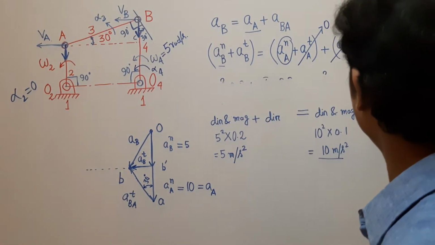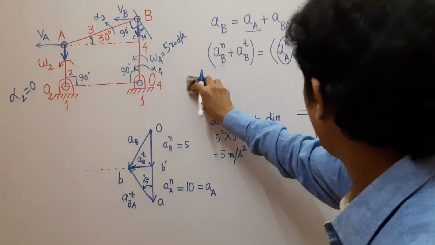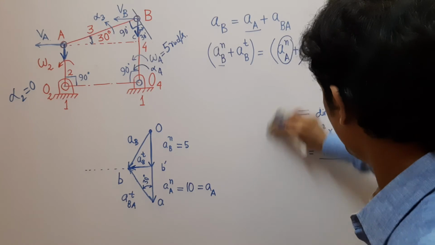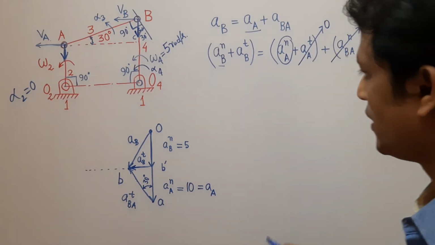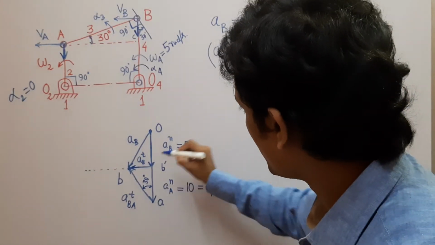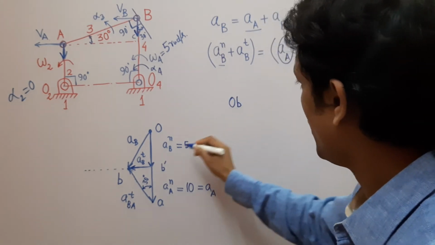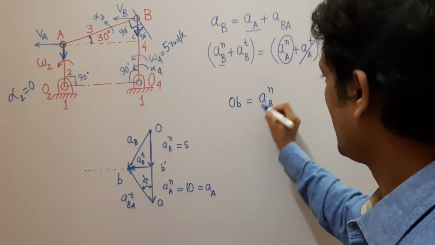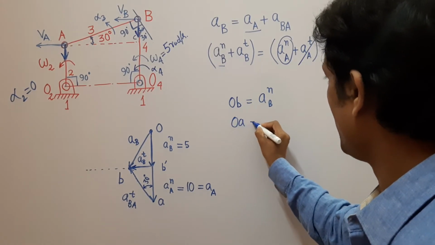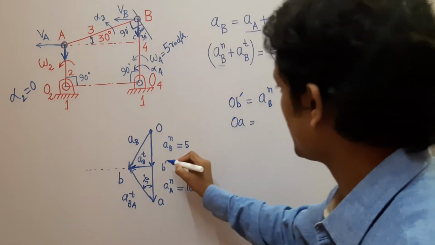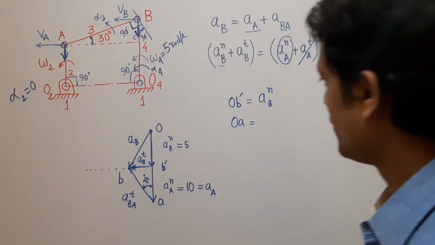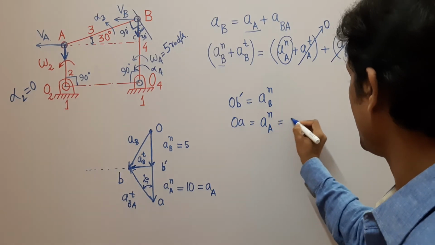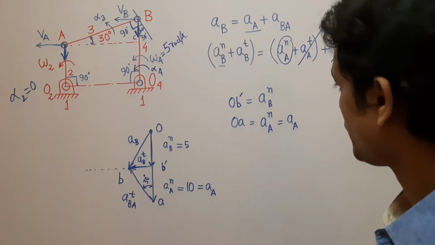So from this I am noting, I think you have written these things. Let me describe. From this vector diagram, OB dash represents ABN. Oa represents AAN, that is nothing but AA.